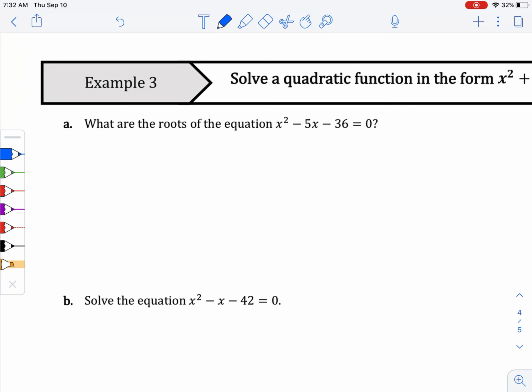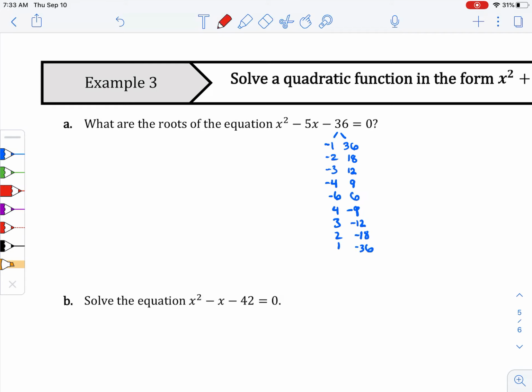So if we look at 3a here, we're going to use the same method to factor first that we did yesterday. So it'd be -1, 36 is a factor, -2, 18 is a factor, -3 and 12 is a factor, -4 and 9 is a factor, -6 and 6 is a factor, and then we have +4, -9, +3, -12, +2, -18, and +1, -36.